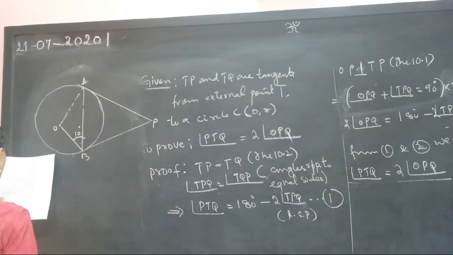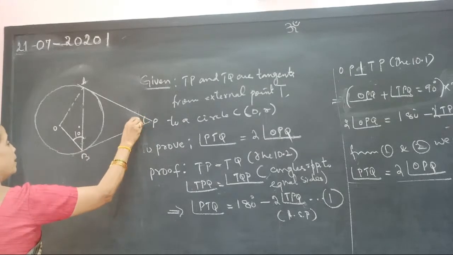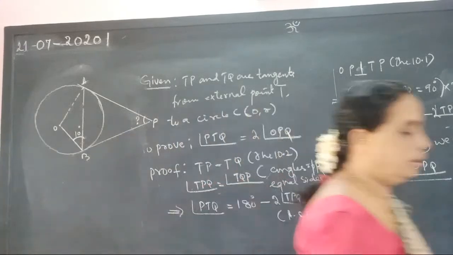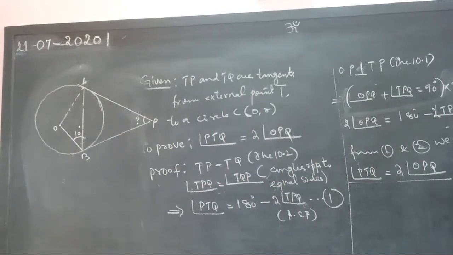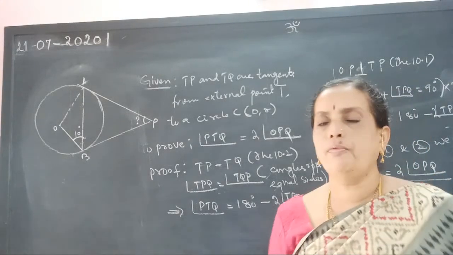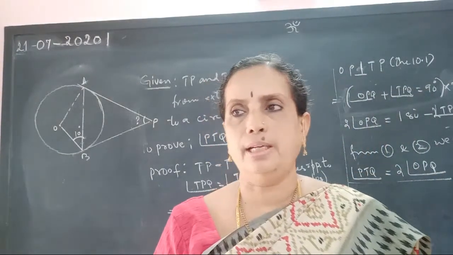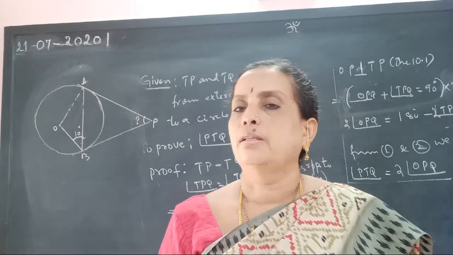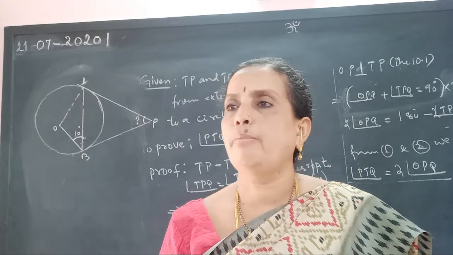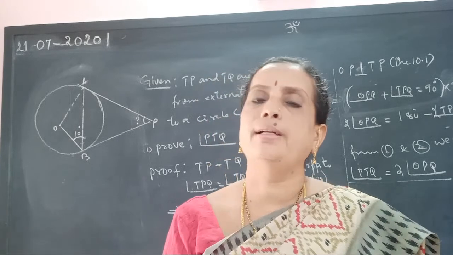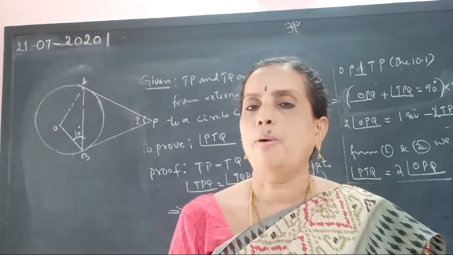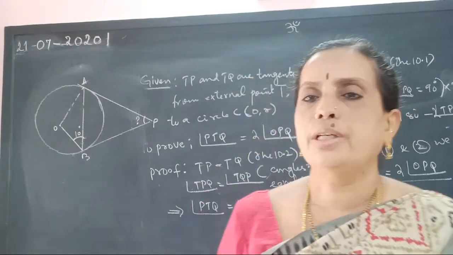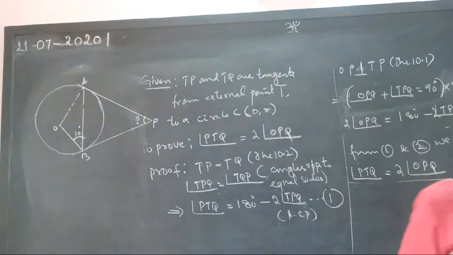What is the measure of angle BPA? Here we should apply the property that the angle bounded between the tangents by the external point and the angle at the center to the points of contact are supplementary.